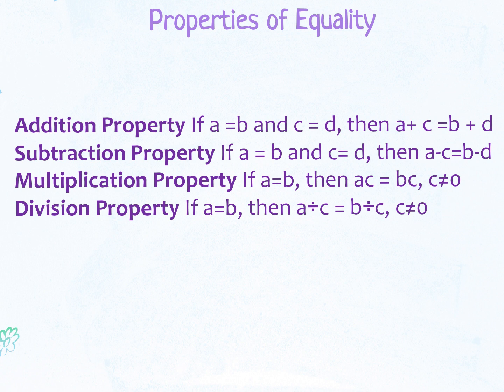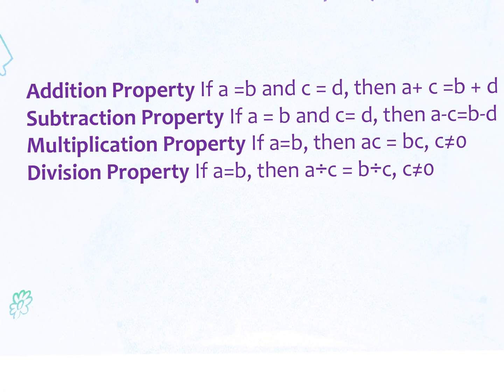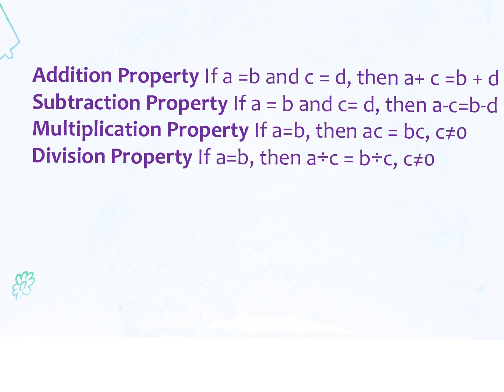And again, if A equals B, then A divided by C is the same as B divided by C. And again, C cannot equal 0 because anything divided by 0 is undefined. Now I'm going to give you examples of all 4 of these properties, and you're going to be able to recognize what they do.